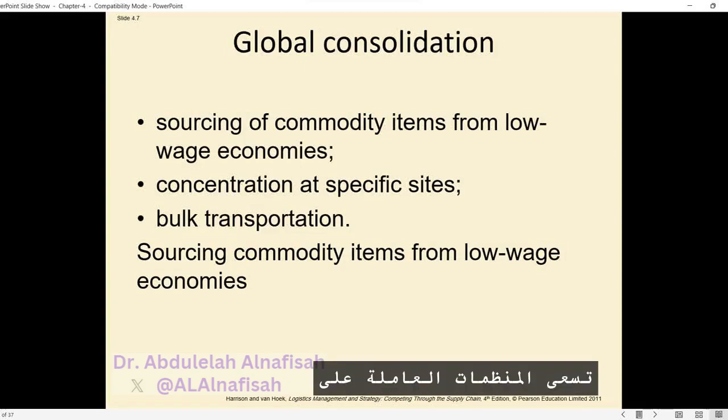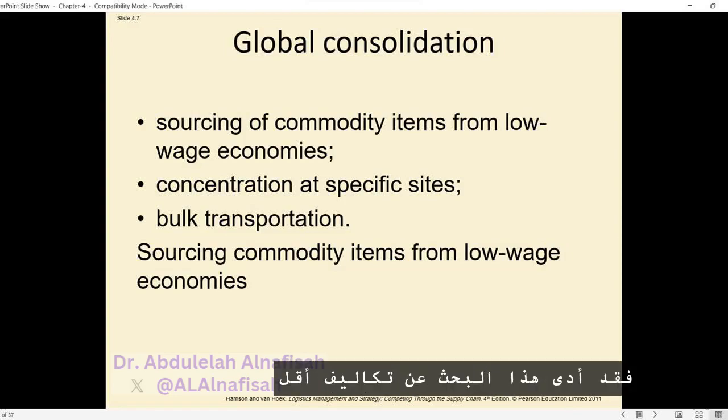Internationally operating organizations seek to consolidate purchasing across divisions and companies, allowing them to minimize costs and seek economies of scale. They also constantly search for cheaper sources of labor and materials, which has led to manufacturing shifting from developed industrial regions to lower-cost economies.